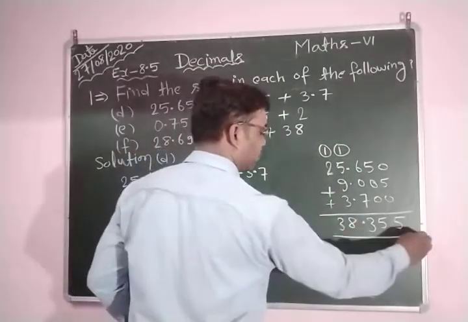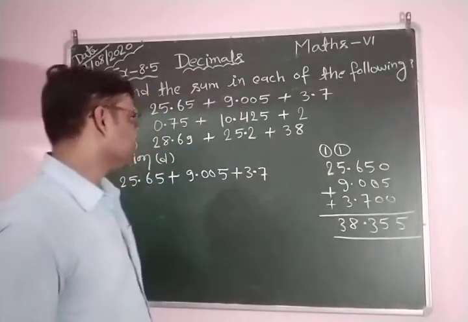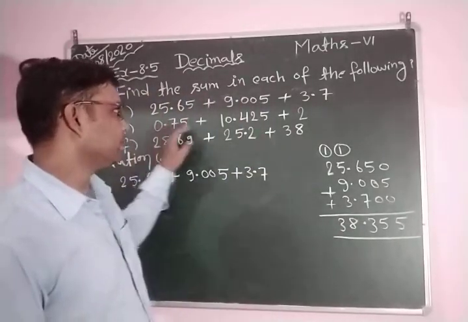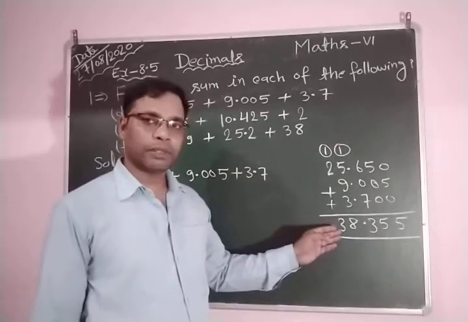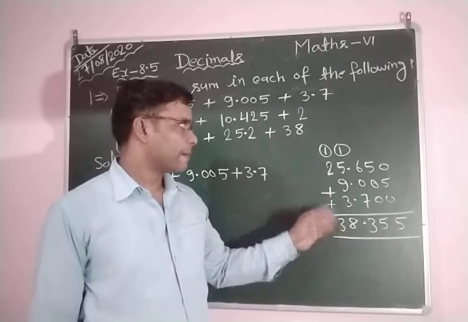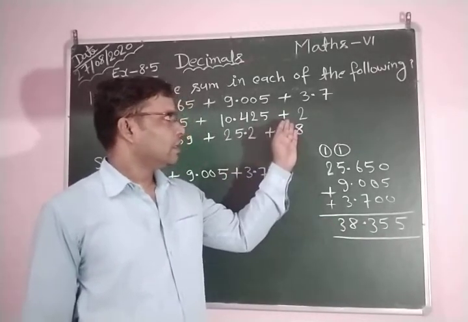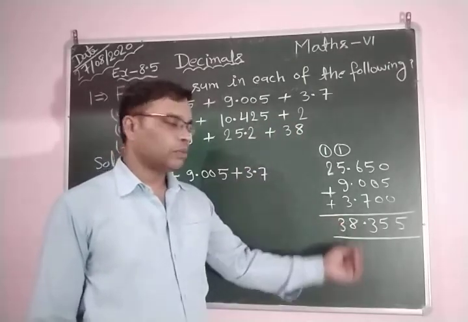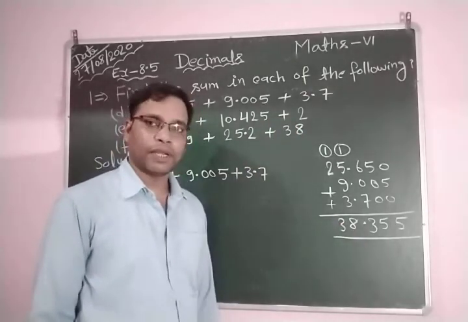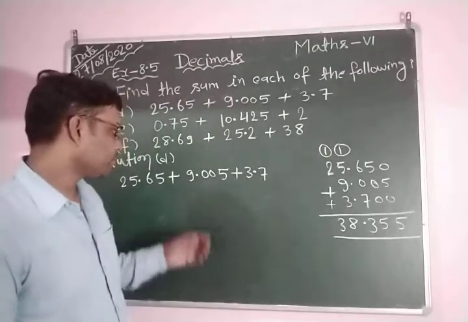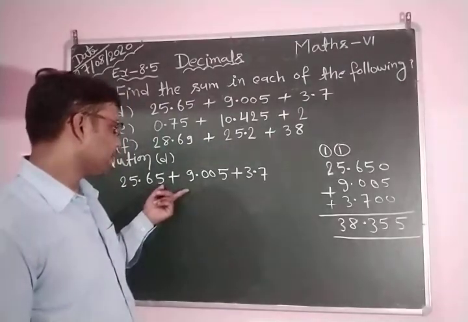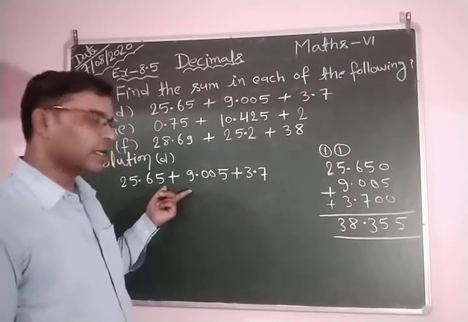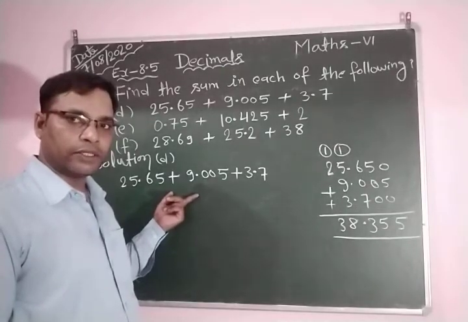So in this way we add them, and we obtain the sum of the given numbers: 38.355. Okay, now we are going to sum these numbers by the horizontal method.